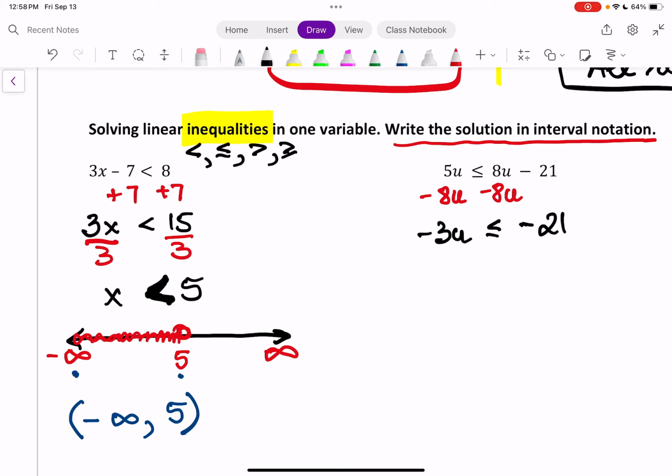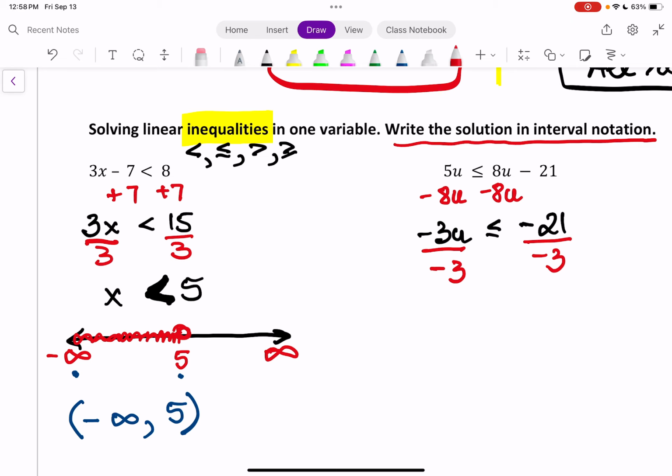And here comes the one and only difference between solving equations and solving inequalities. I do need to divide by this coefficient of u, which is negative 3.